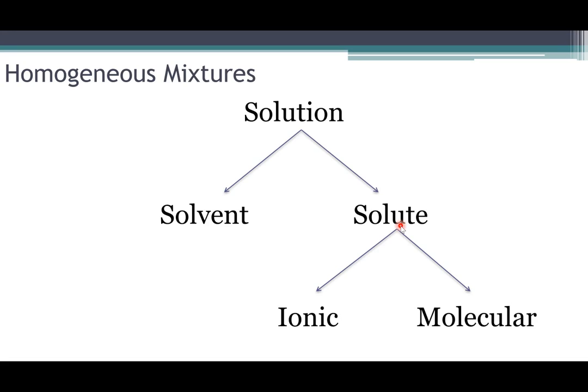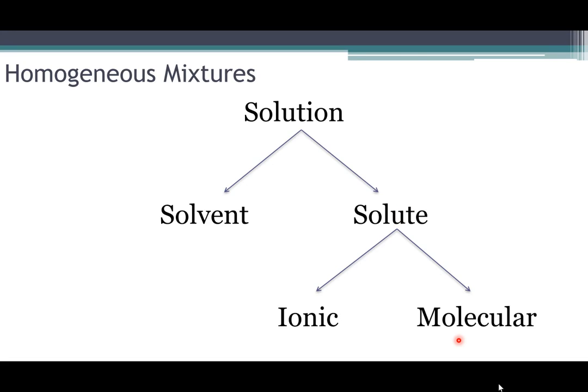An ionic compound is a metal bound to a non-metal. And when a metal binds to a non-metal, what happens? There's a transfer of electrons. So we get two charged particles that are attracted to one another, that electrostatic attraction that's holding those charged particles together.